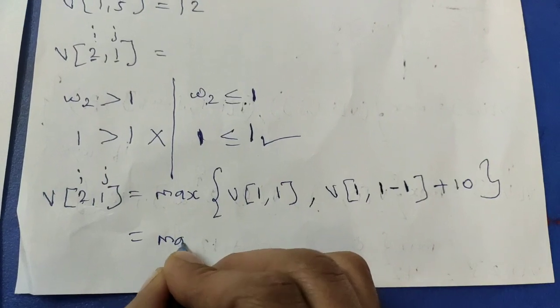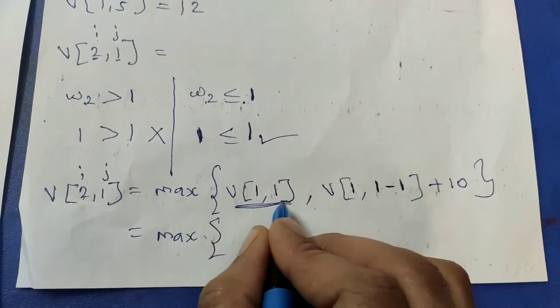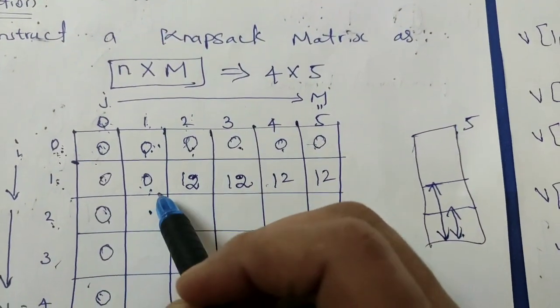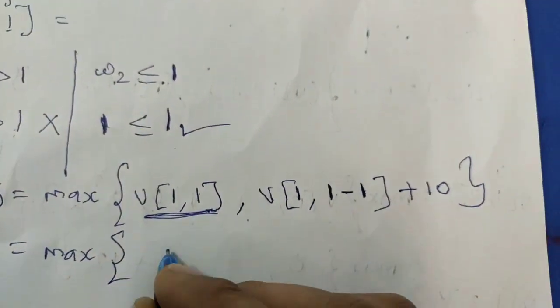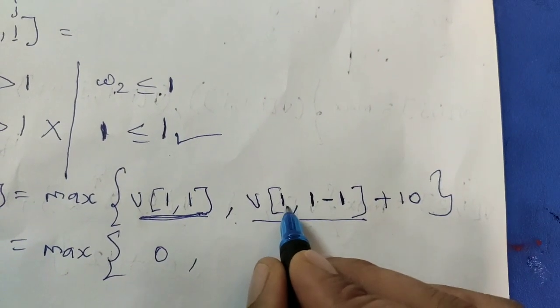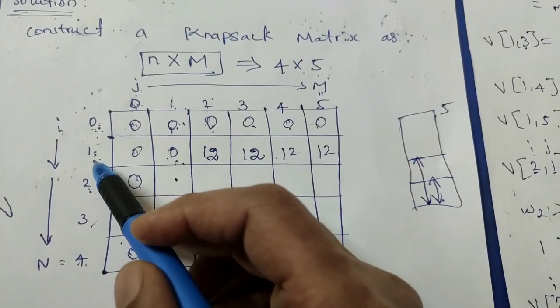Calculate the maximum. Go to your knapsack matrix and find the value in this location. V of 1 comma 1 has the value 0. Apply here, comma, 1 comma 1 minus 1 will be 0, so V of 1 comma 0 is 0.